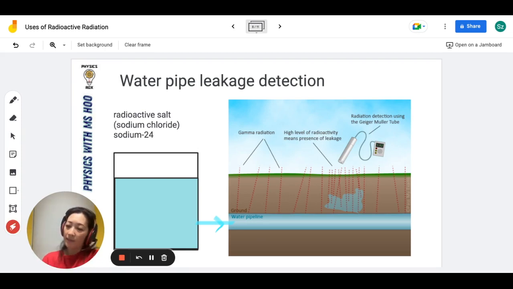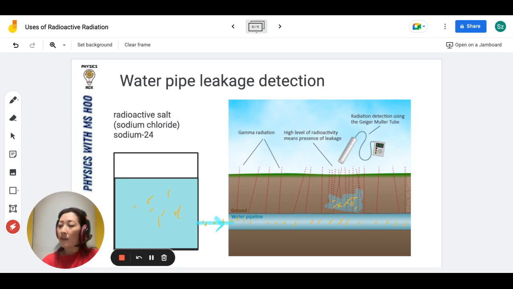What happens is when we add the radioactive salt, it will be transported along the water pipe. That means now the entire water is radioactive. Now, if this area is where the leakage is, there's a lot of water gathering here, and that's also where a lot of the radioactive salt would be.